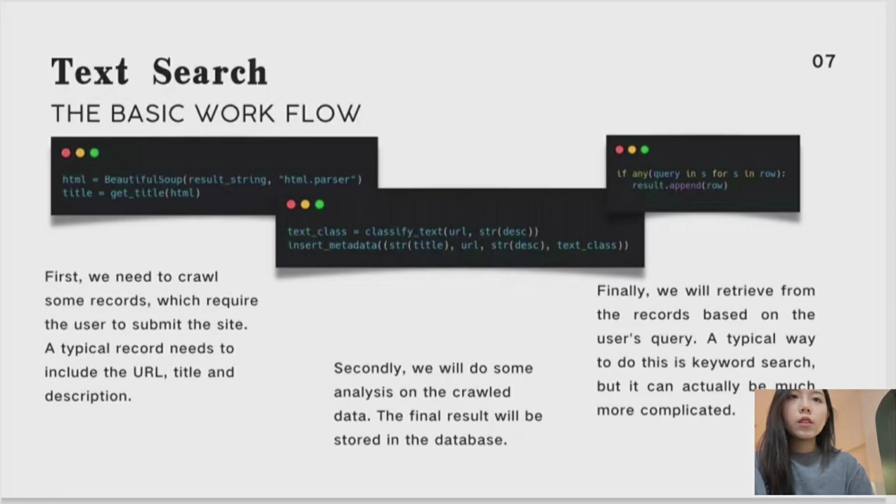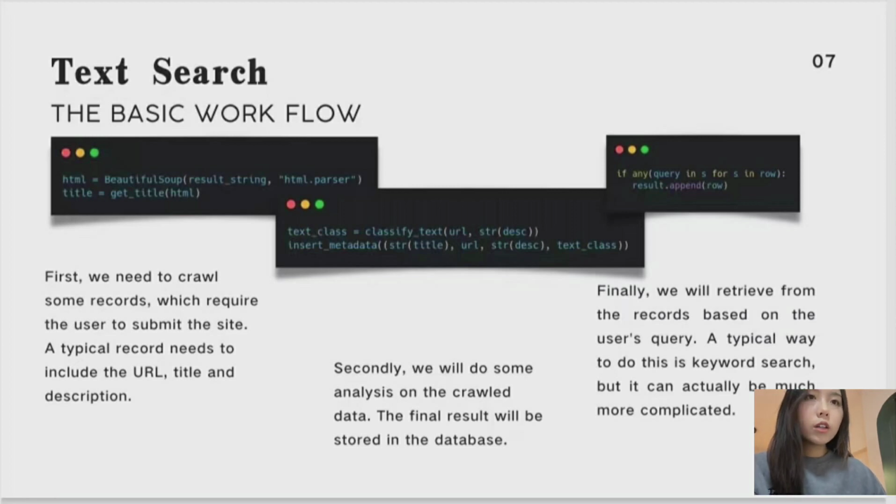There is no data in the database at the beginning, so the user needs to submit the target website. This workflow actually has an advantage. For example, if a user wants to deploy a privacy search engine, he can use this feature to submit sites that need to be collected and organized.